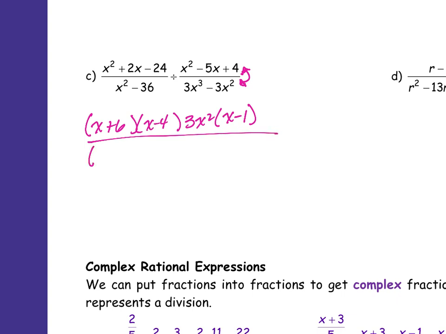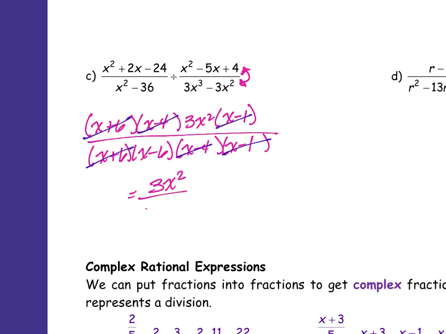And my denominator is going to factor to x plus 6 times x minus 6, and then x minus 4 times x minus 1. And then I'm making ones: the x plus 6s, the x minus 4s, and the x minus 1s all go away. And I get left with 3x squared all over x minus 6.